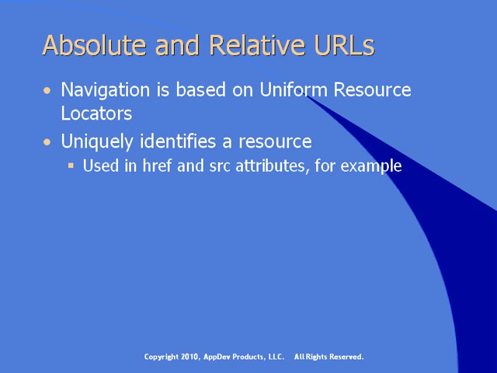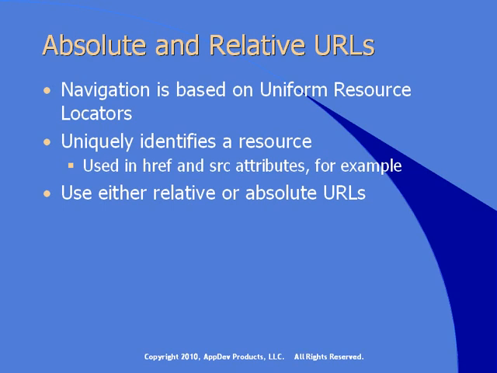So you see those throughout any kind of application. You also see these throughout web pages because they're also used in things like href and source attributes of an image or various other kinds of components. But the issue is that you can express URLs as either relative or absolute.